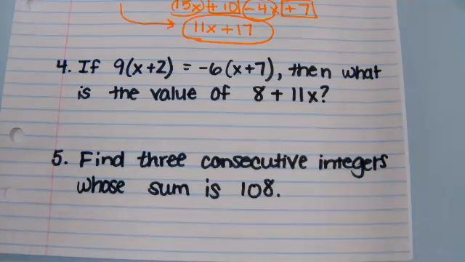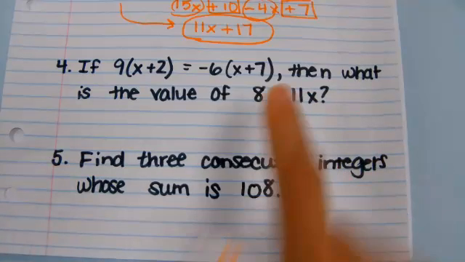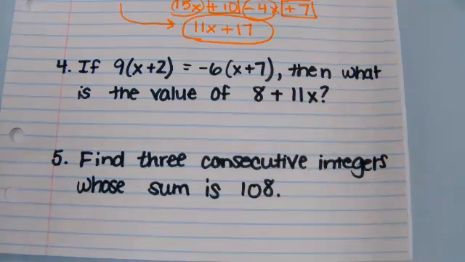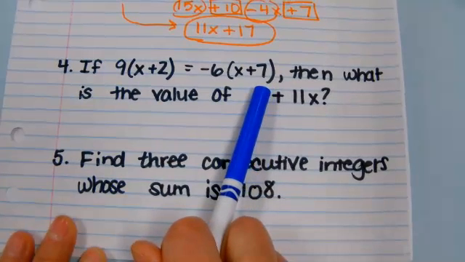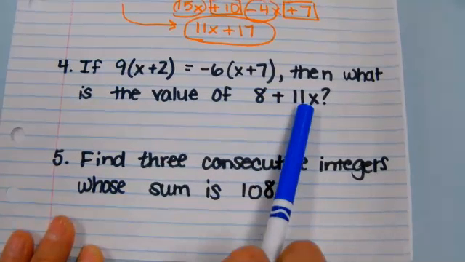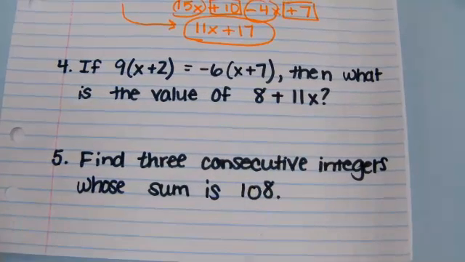If that, then what is the value of this other equation? Does anyone have an idea what you need to do here? Go, Caitlin. You solve for x and then substitute it. Yes, that is exactly what you do. You have to solve for x in this one. Once you get the answer, you substitute it into this one. Okay, so let's do that.